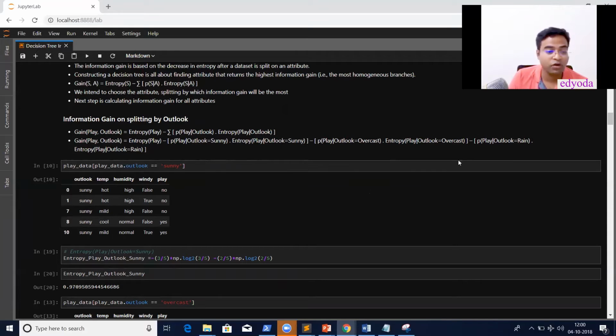We have to do this for all 3 values. Let's do this mathematically. For sunny data, this was the number of rows which match sunny, and in this data we can see there are 3 no's and 2 yes. So we need to calculate this value.